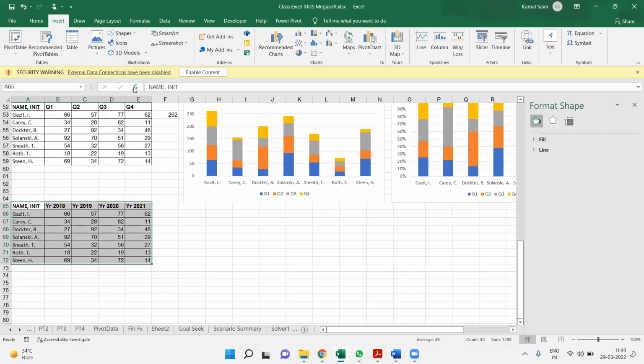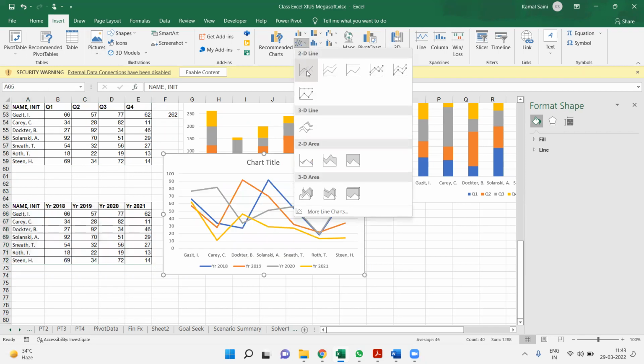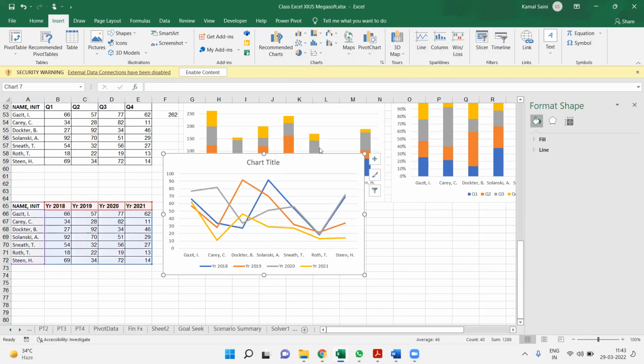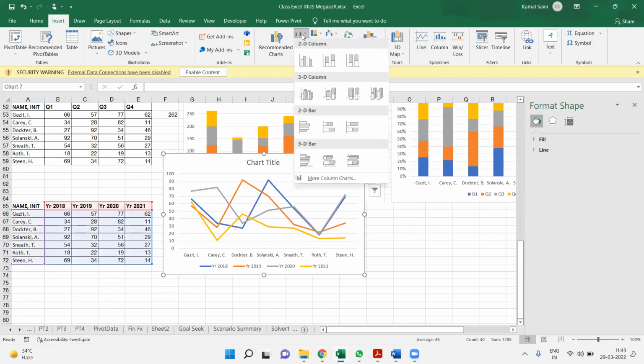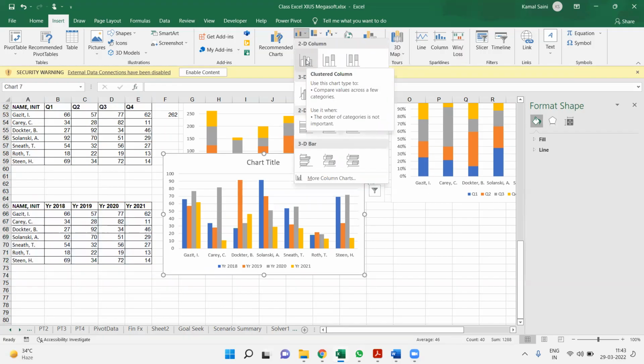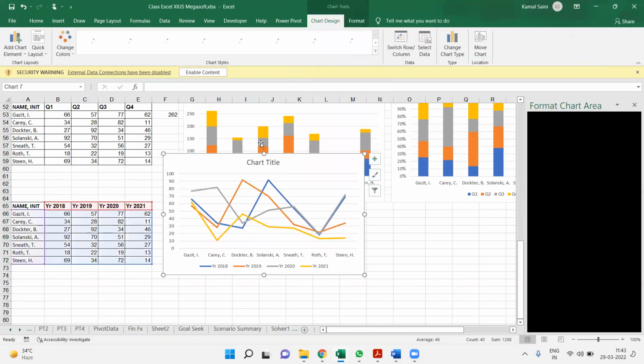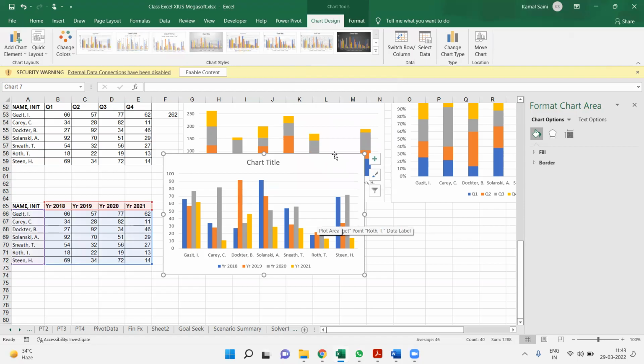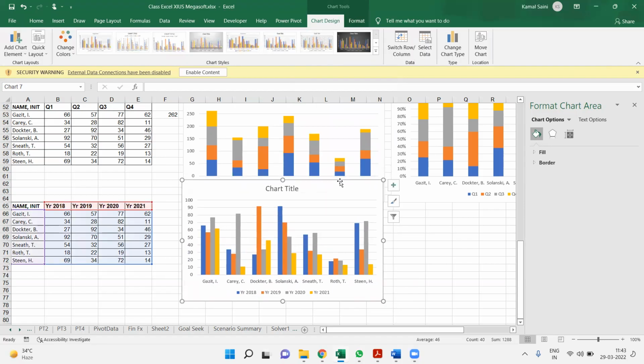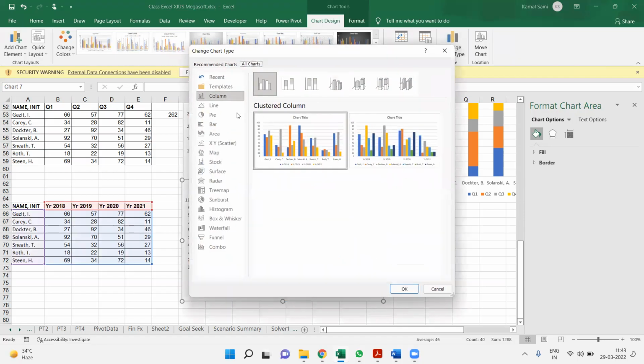In this, if you're performing a comparison, it is best to go for a line chart, because otherwise it would be too clumsy with a column chart. If you do a column, things would be too close, and it would be very difficult to identify which one is what. It doesn't make much sense in those scenarios.